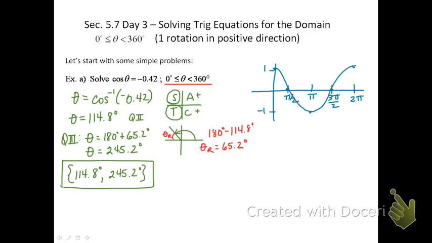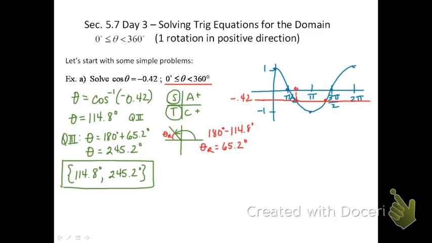And what we were really finding were the points of intersection here where the ratio was equal to that ratio of negative 0.42. So we see 2 points of intersection where these two functions intersect.